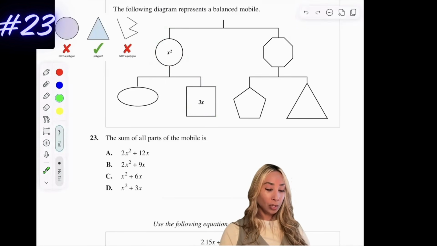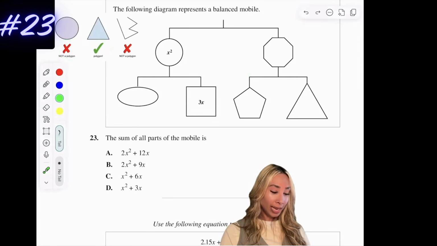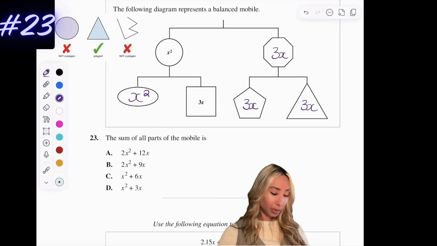So it's asking you to really identify what's a polygon and what's a non-polygon, then apply it to a more complex question. So essentially any non-polygon is x squared, and any polygon is going to be 3x. A polygon is a shape made out of like straight lines. That's how I like to think of it, just super simple. And so now we can add up these parts together.